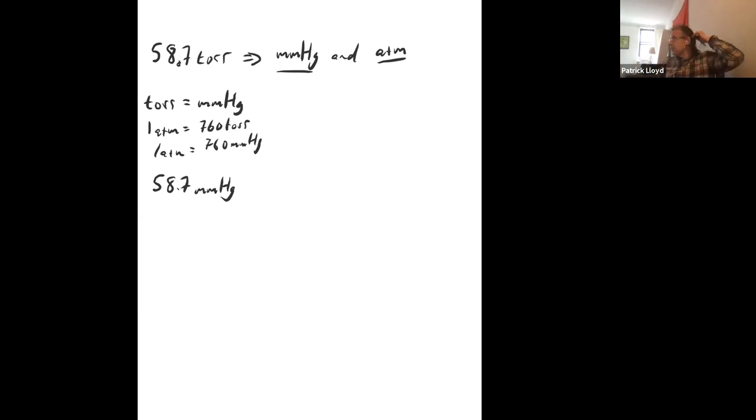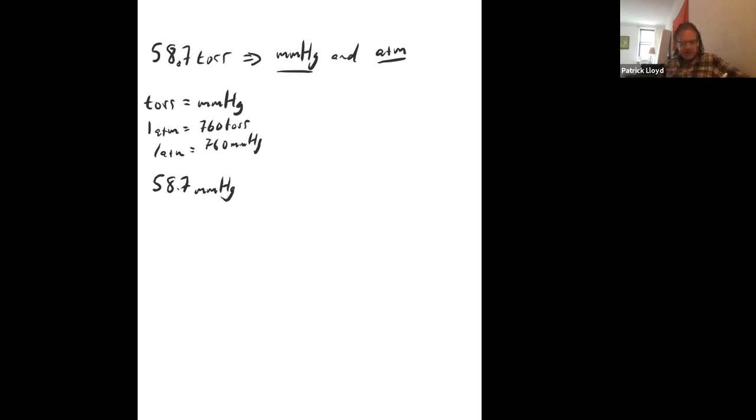So like if I said 58.7 kilogram per meter second squared, and then the question was, how many pascals is that? It would be 58.7 because a kilogram per meter second squared is the same thing as a pascal. Okay, so that's easy. Let's do the atmosphere though.